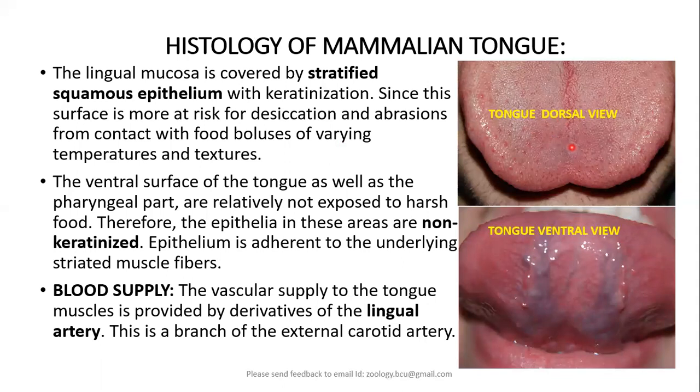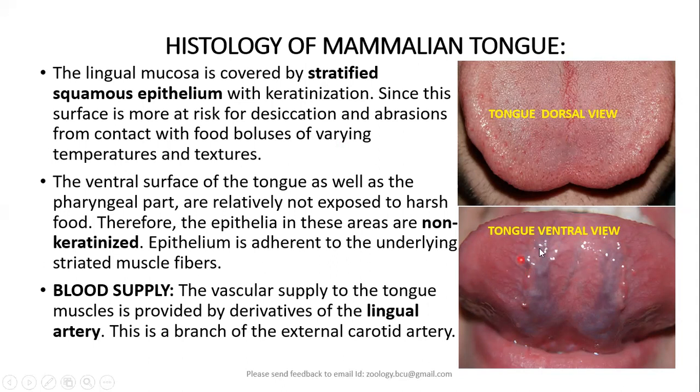So all these pungent food materials may cause wear out of the superficial layers of the epithelium. So thereby we see dead epithelial layers on the dorsal surface, which lead to the keratinization, and thereby the dorsal surface is covered by a white scum-like structure, which you will be cleaning every day, I'm sure, with a tongue cleaner.